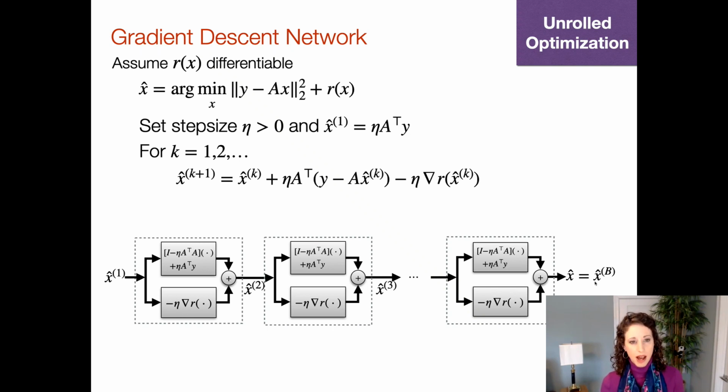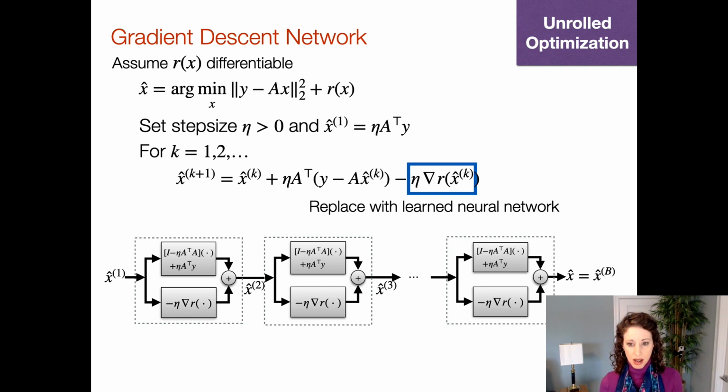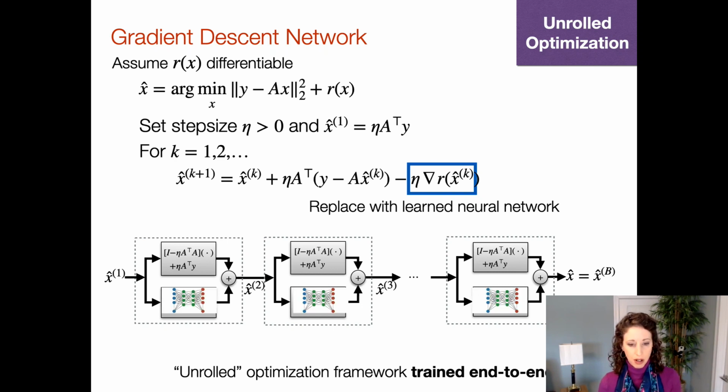And so the idea behind an unrolled gradient descent network is that we basically take this step within the gradient descent framework and replace it with a learned neural network. And so what we have is an overall end-to-end framework where within each block we've got two branches.